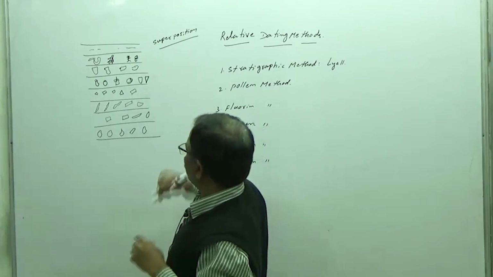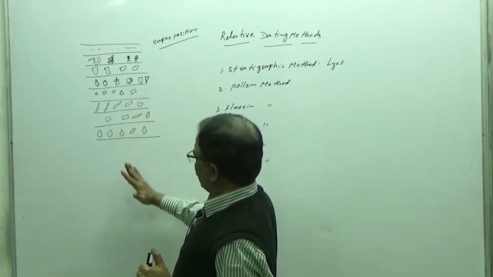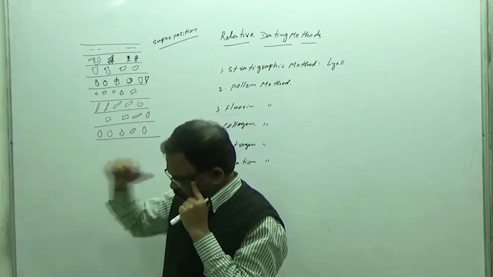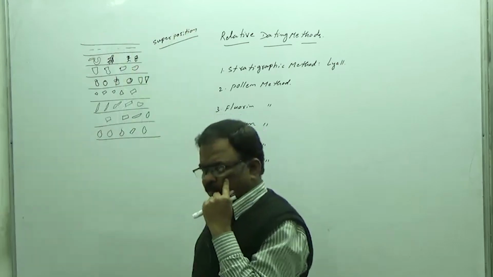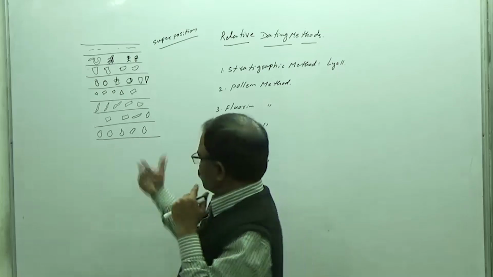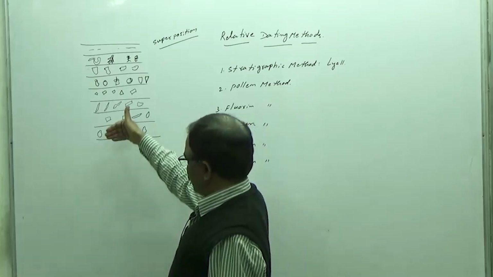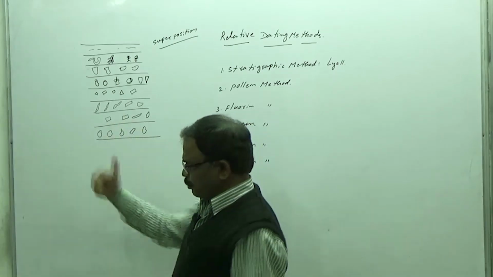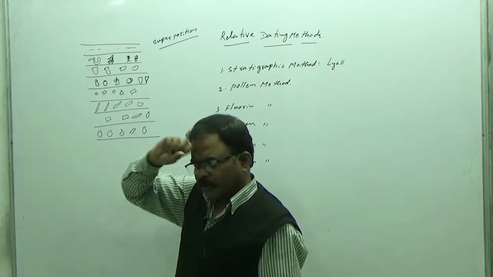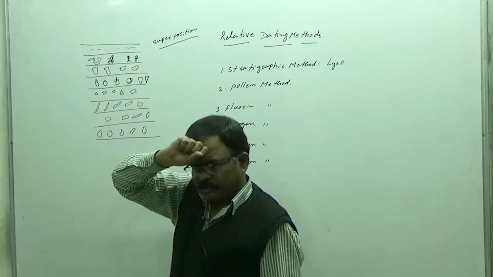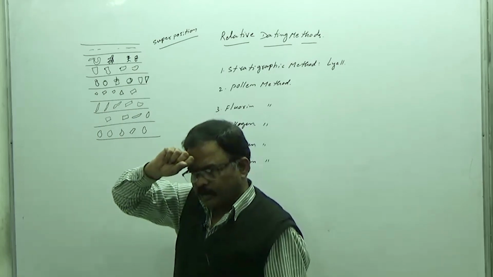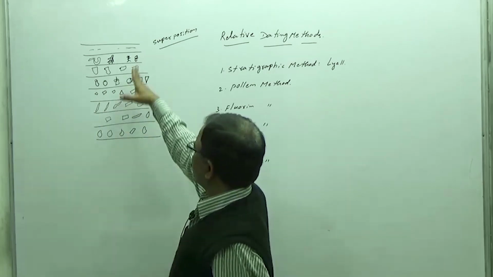According to this, lower layers indicate earlier, top layers indicate the recent. The tools or artifacts which belong to the lower are primitive. The tools and artifacts which belong to the top are advanced. Then the middle one.